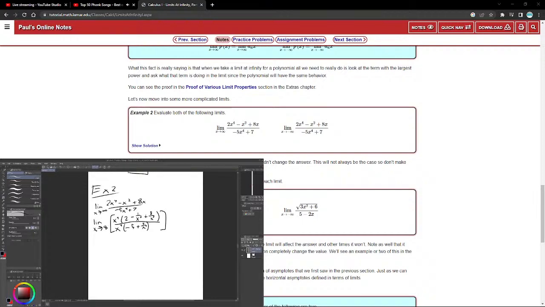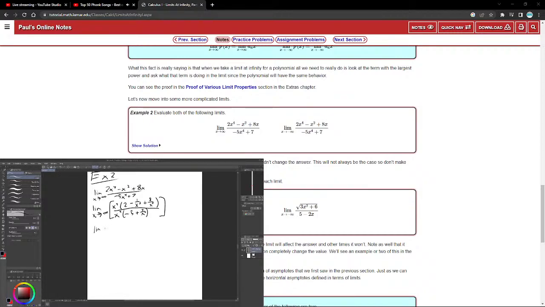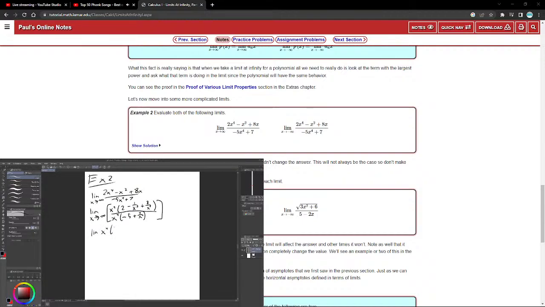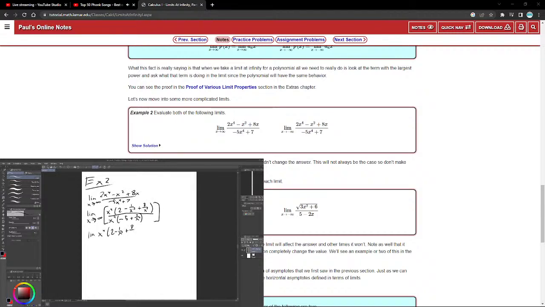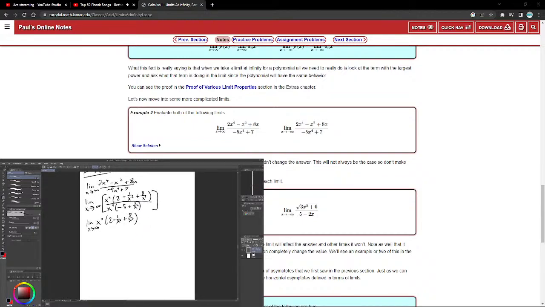Okay, then you can split these up by division. The limit of x to the power of 4 times 2 minus 1 over x squared plus 8 over x cubed as x approaches infinity. This part over here is just going to be 2, times a positive infinity.